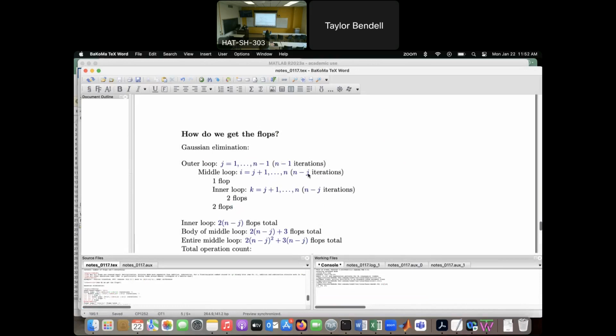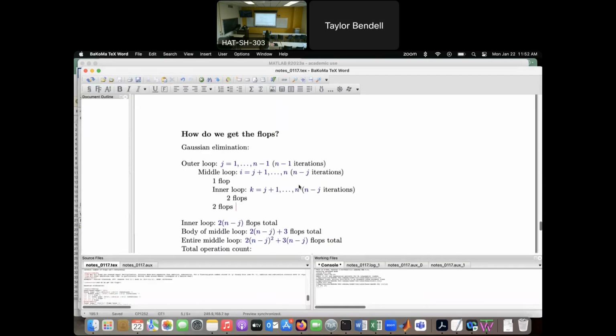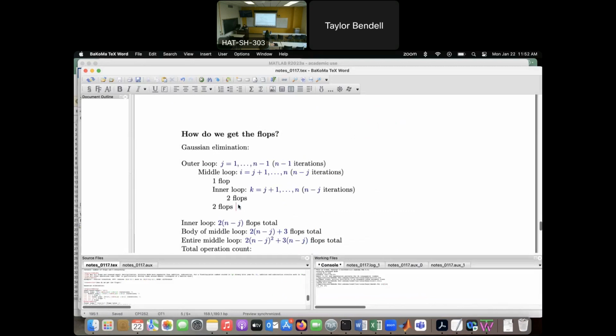So n minus j. And then there's one floating point operation here, a division to compute the multiplier. And then you have this innermost loop that also runs n minus j times. In that innermost loop, we have this statement that performs a multiplication and a subtraction, so there's two flops here. And similarly, there's two flops right here. So that's where these come from.